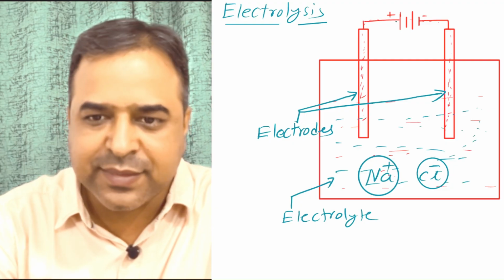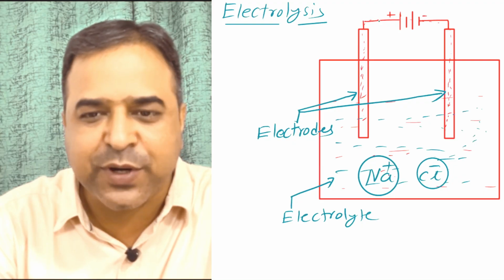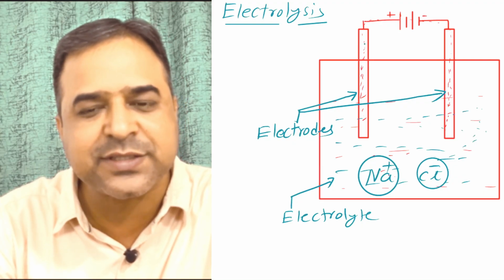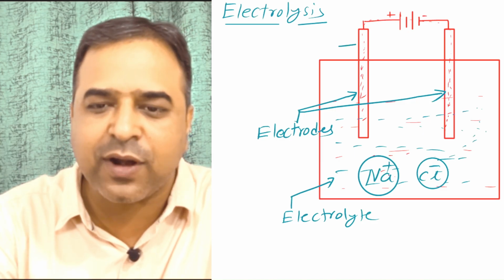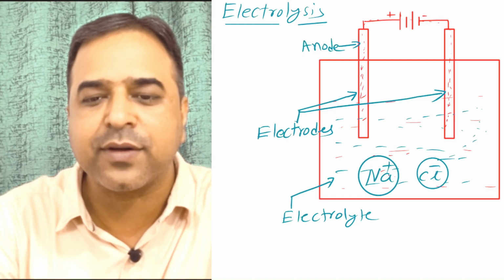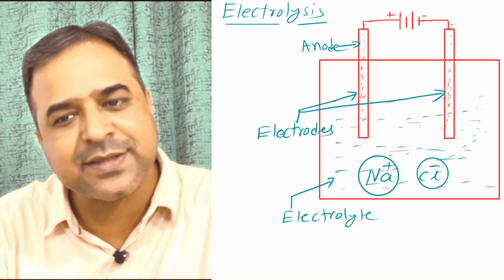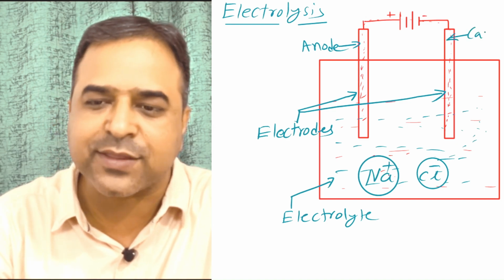Now this is showing the positive terminal. This positive terminal is attached to this rod, so this is called the anode. Okay, this is called the anode. This one is attached to the negative terminal, so this is called the cathode.